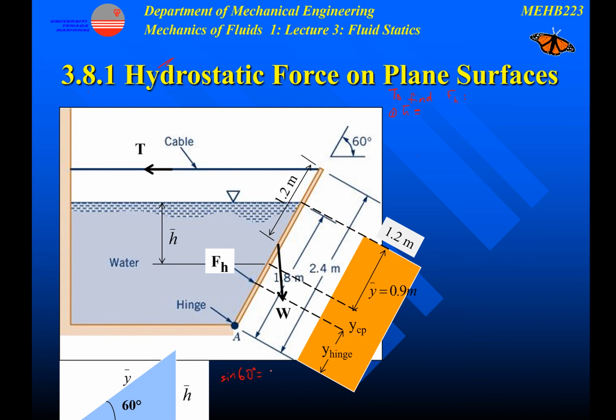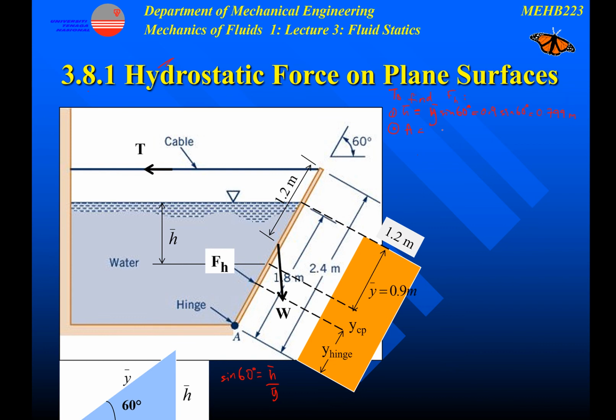Since sine 60 equals h bar divided by y bar, h bar is y bar sine 60. Since y bar is given as half of 1.8, which is 0.9, you calculate 0.9 sine 60. You should get 0.799 meters.